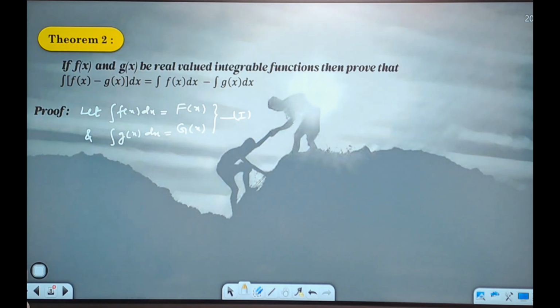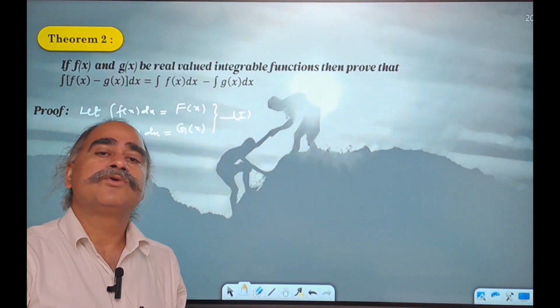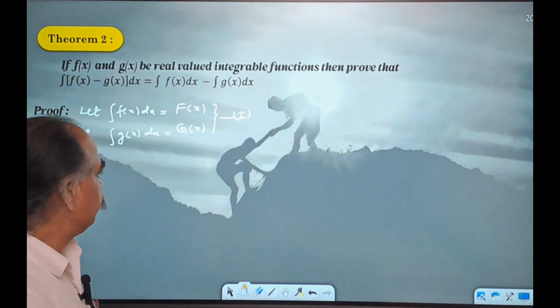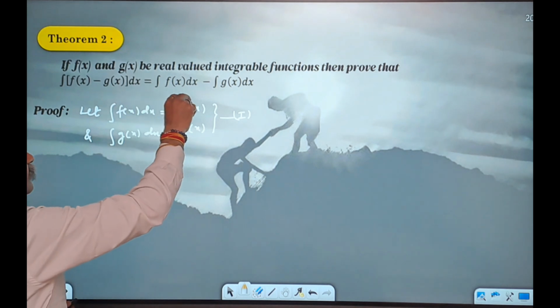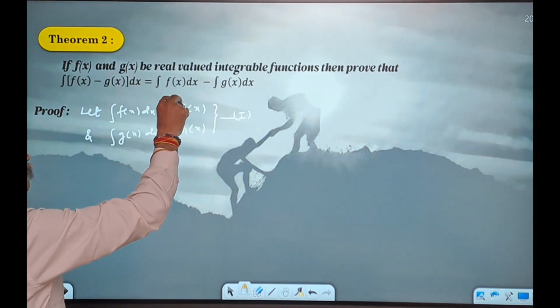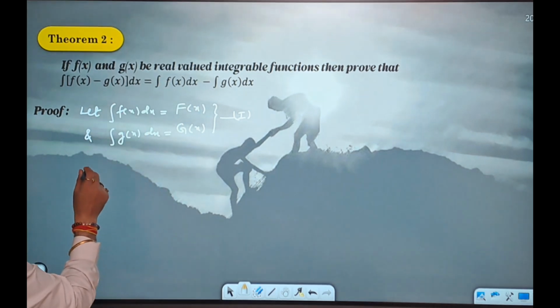Now we will convert integration to derivative form. When integration of this is this, then derivative of capital Fx will be small fx.